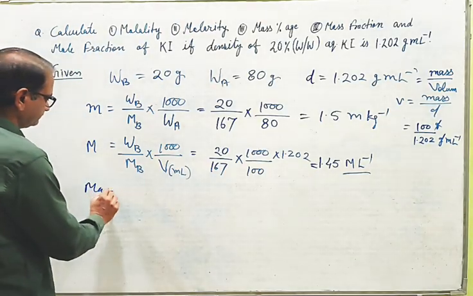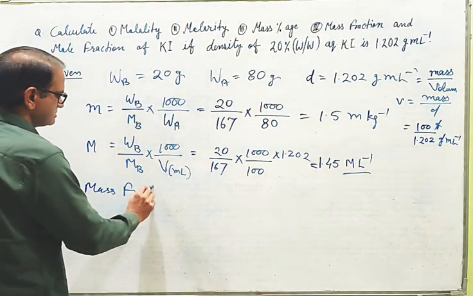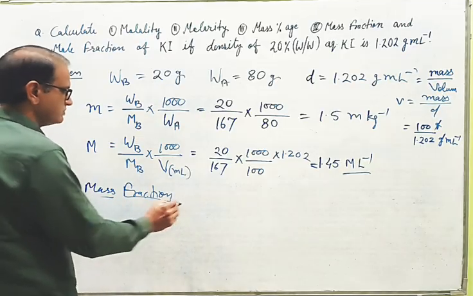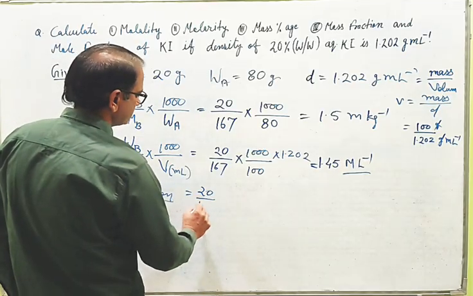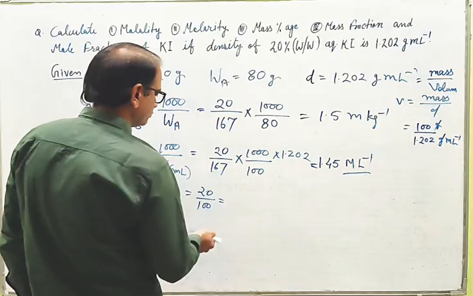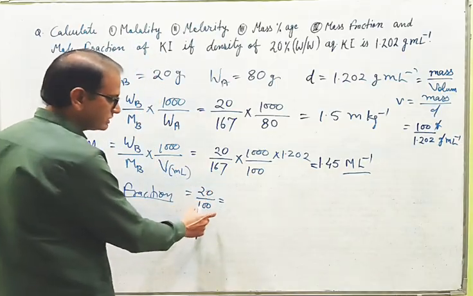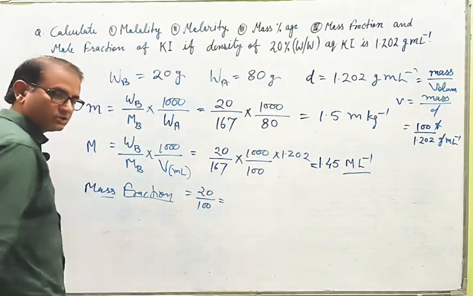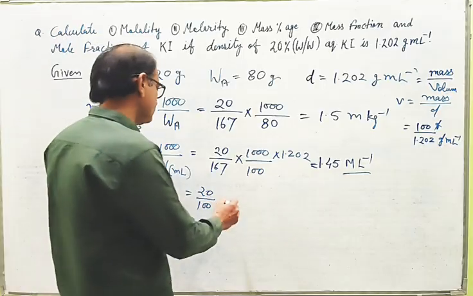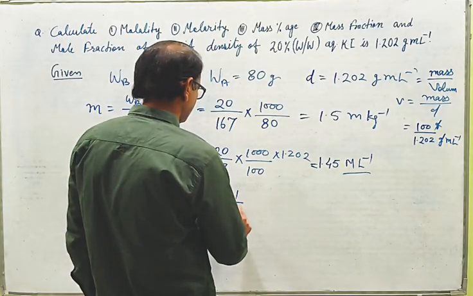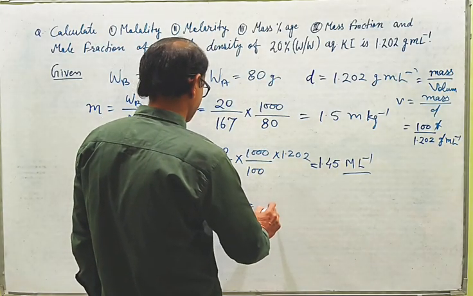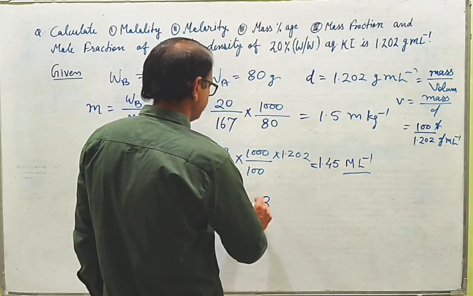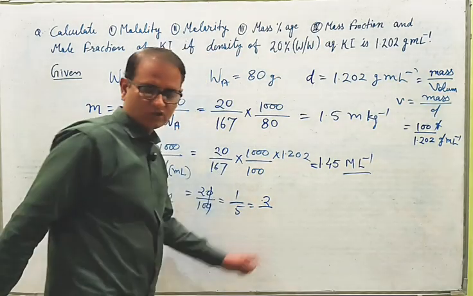Here 20 is the mass of solute and 100 is the mass of solution, solvent plus solute, which is equal to 1 by 5. How much will it come?